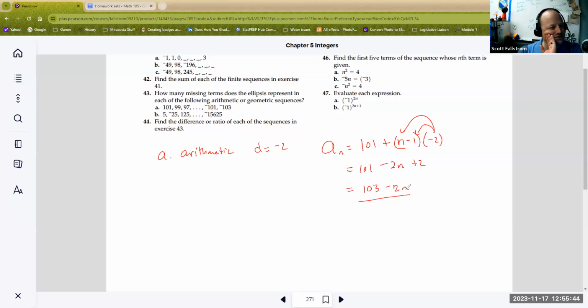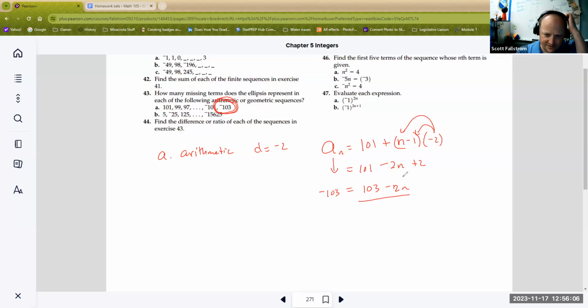That was Brooke's technique back from chapter 1. Now all you have to do is say this is the last term in the sequence and plug in negative 103 for an. Then you can try to get 2n by itself.